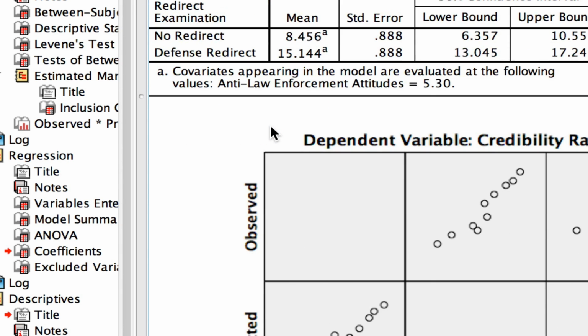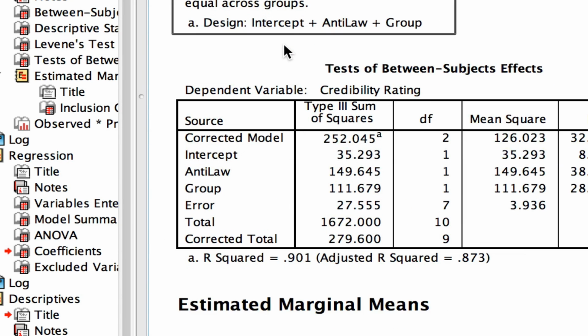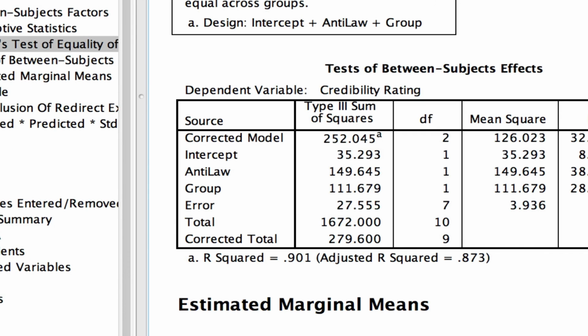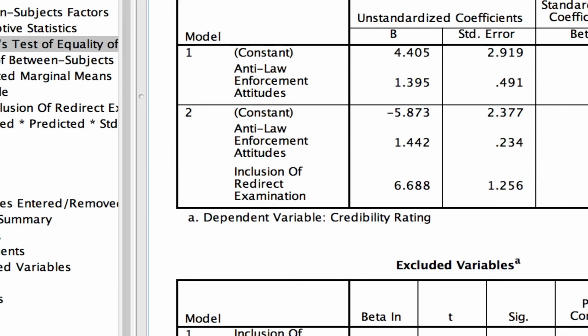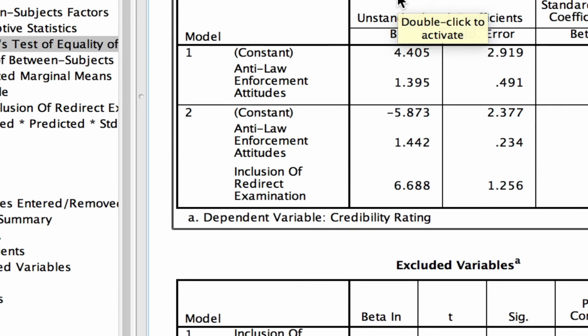Well, how do we get from these descriptive means to these adjusted means? Well, we just use that final equation. So we're going to actually do this now.